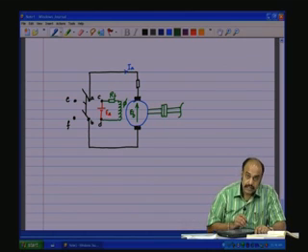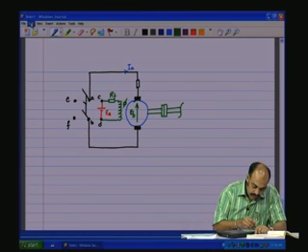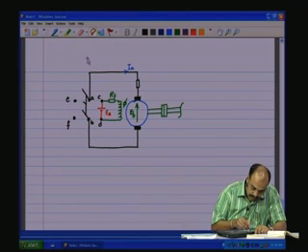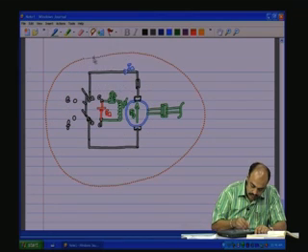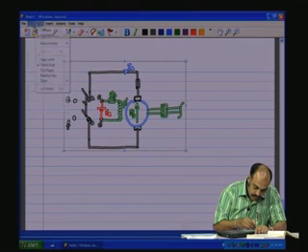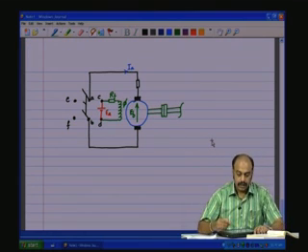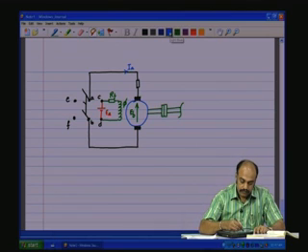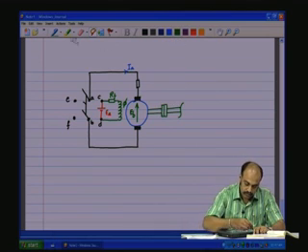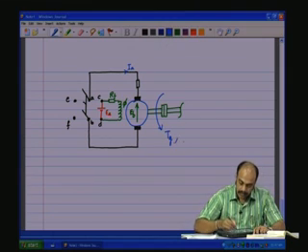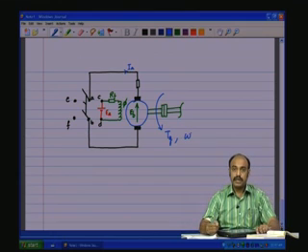So, this is the system that is right now existing. I will make a copy of this for future. Copy. Okay. Now, the motor is rotating, which means we have a generated torque and it is rotating at some speed omega.